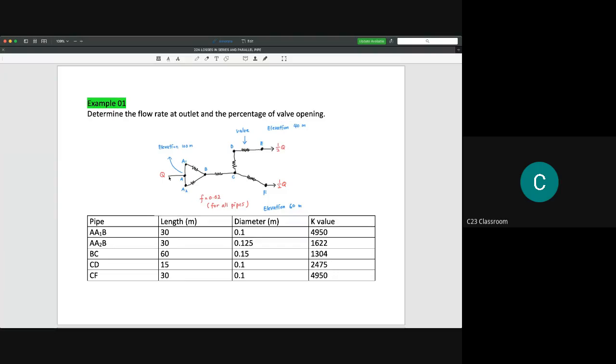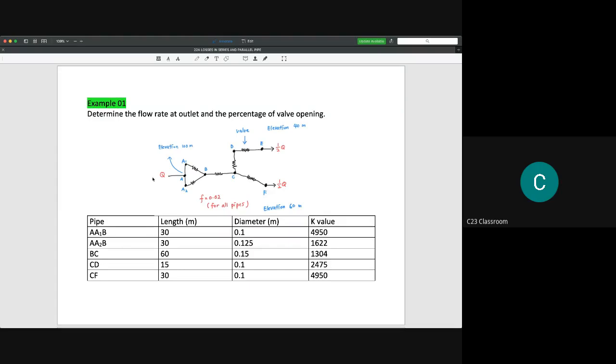We have one inlet here, and from point A it separates into two pipes, might be two housing systems or whatever. At point B it merges together, and then it has a resistance here, and at point C it splits into two directions. One goes from C to D and E, and another goes from C to F.